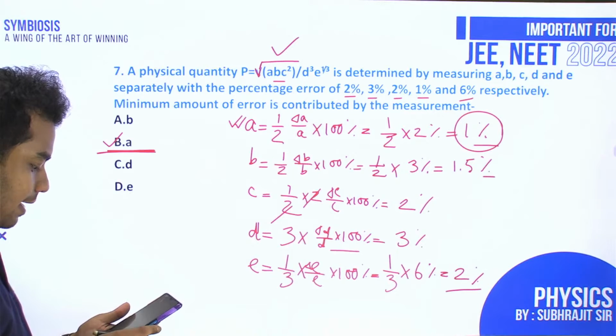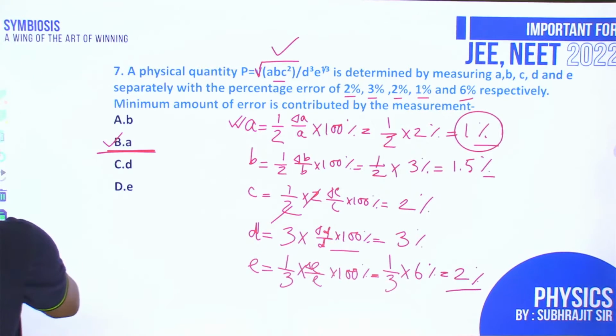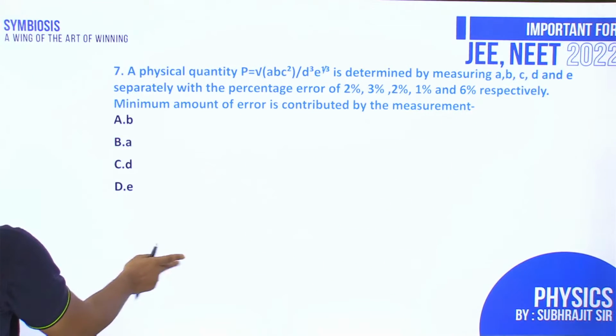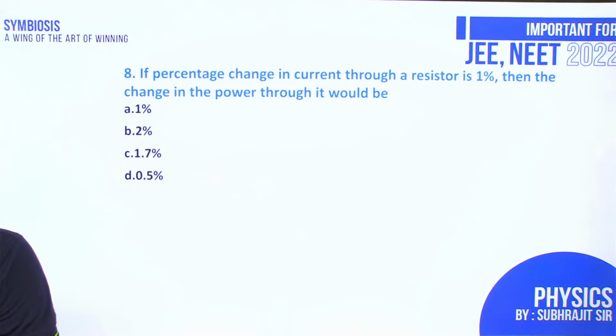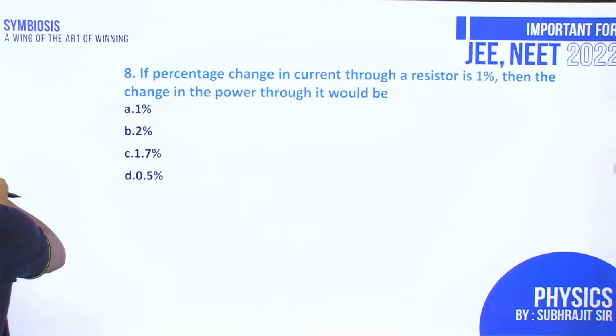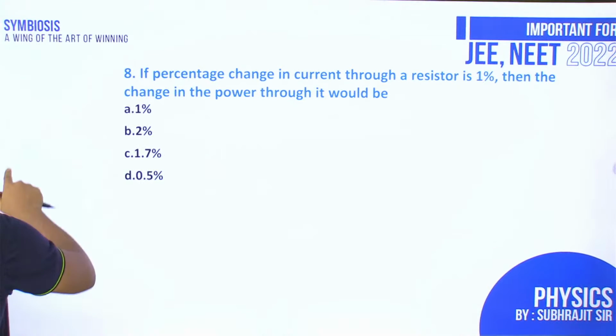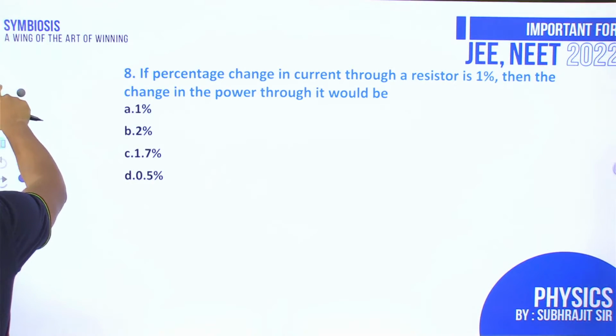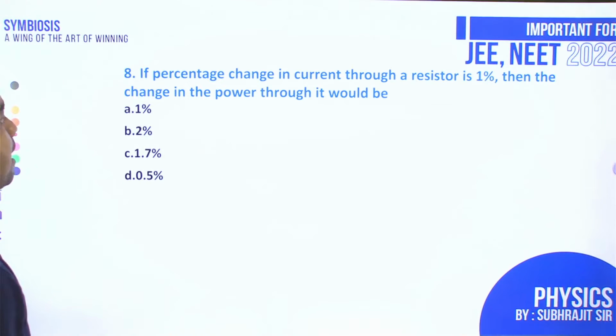Next, move on to the next question. Question number 8. Do this, everyone. Question number 8 is, if percentage change in current through a resistor is 1%, then the change in the power through it would be.